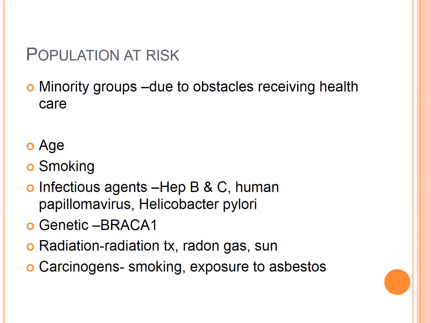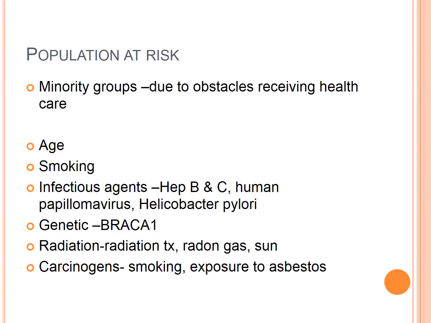Having those abnormal cells puts people at higher risk for neoplasm. And then Helicobacter pylori, also called H. pylori sometimes, if you've heard of it that way. That is in your gut, in your GI tract. Again, abnormal cells, which can lead to development of neoplasm. Genetics plays a role.